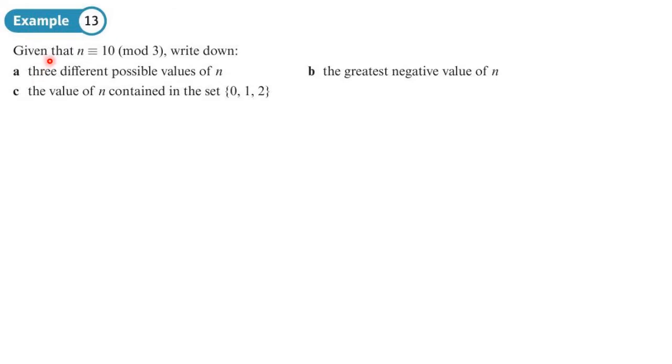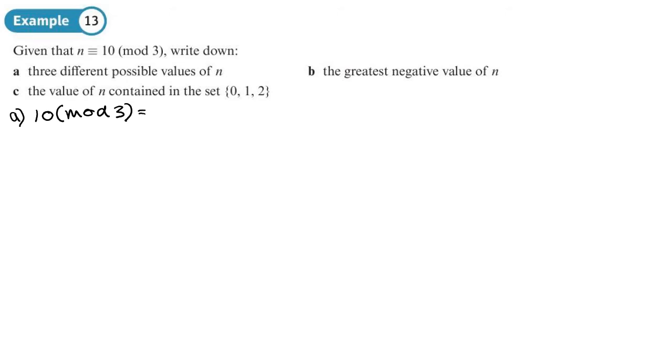So given that n is congruent to 10 in modulus 3, write down 3 possible values of n. Well, the first thing we need to do is find out what's the remainder of 10 when we divide it by 3, and we want to find other numbers that also have the same remainder. So what is 10 when we write it in mod 3?